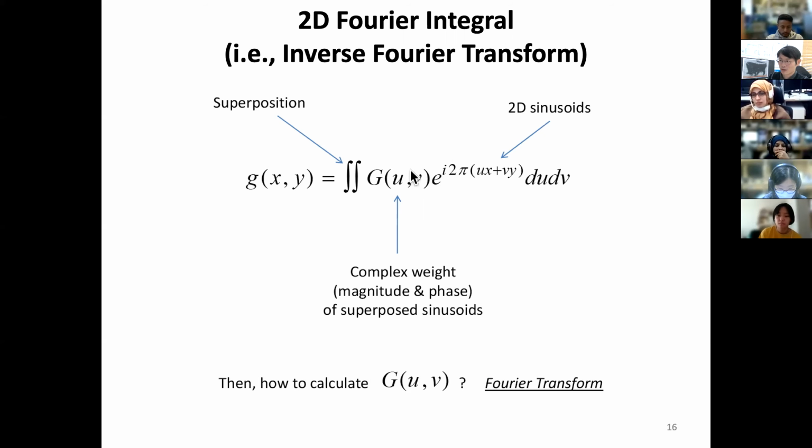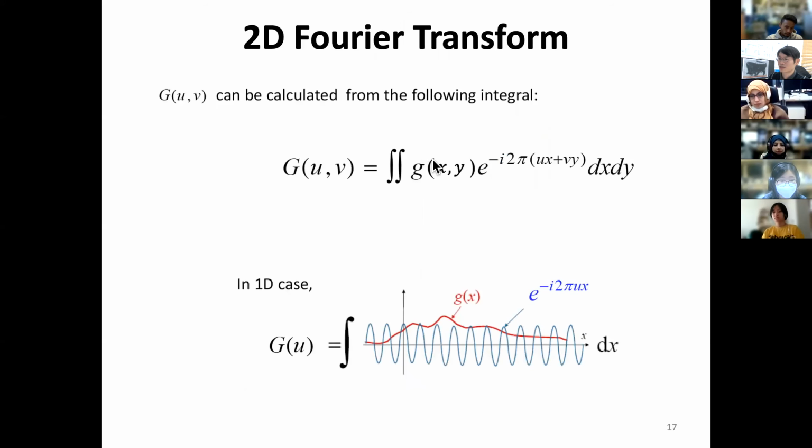It looks almost the same, just swapping this, and you put the minus sign here. So that's what it is. And this Fourier transform G(u,v) can be calculated in exactly the same way, but you are now summing over space, and there's a minus sign here.